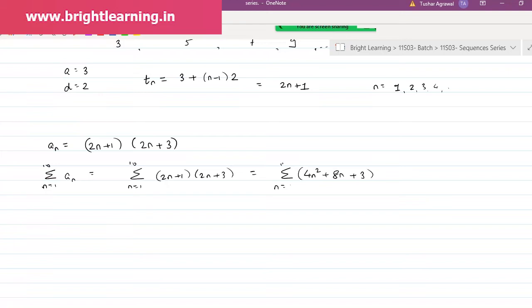Got it? Now can I leave the further part for you to calculate?